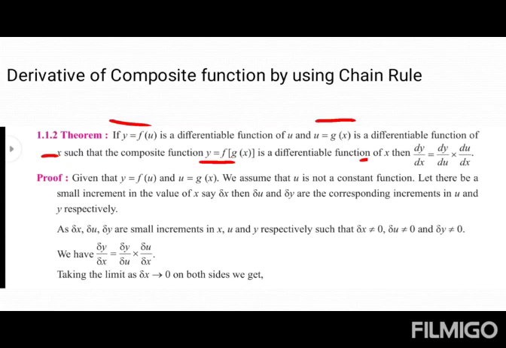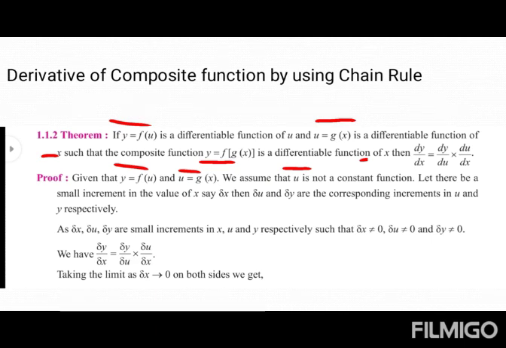Let us start with our proof. Let us consider we are given y = f(u) and u = g(x). We assume that u is not constant. Let us consider u is a variable.